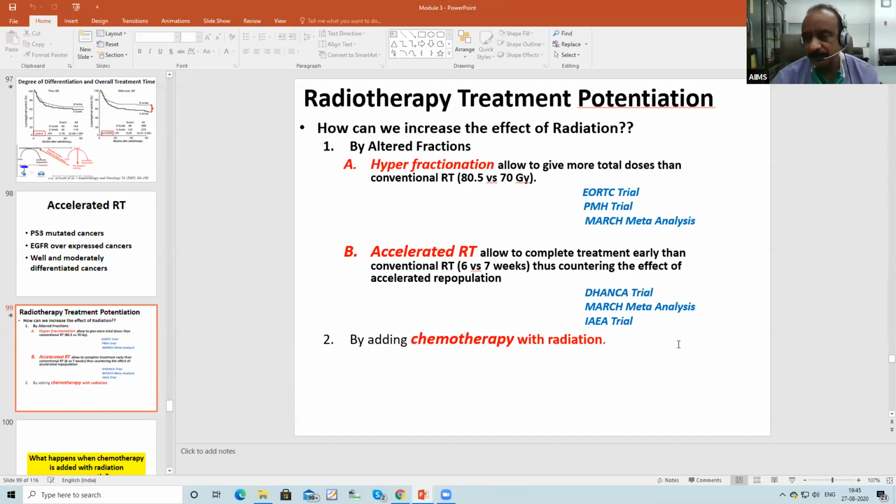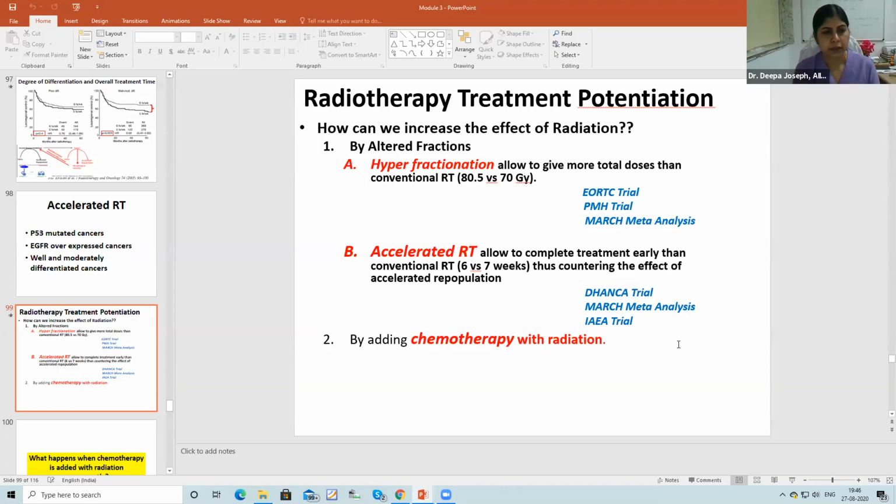For example, the RTOG trial has gone up to 60 gray during re-irradiation, and side effects of the carotid artery were seen in less than 5% of the cases. So exactly, we do not know.